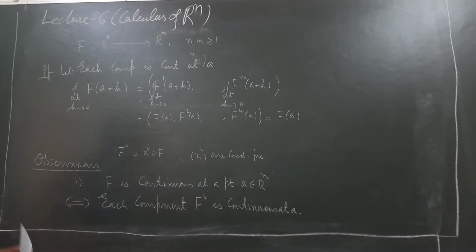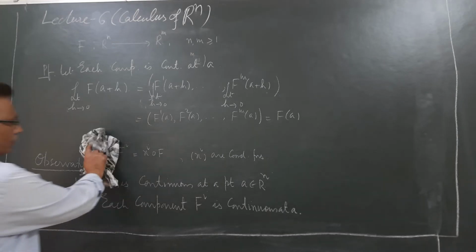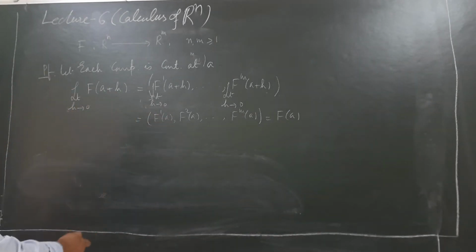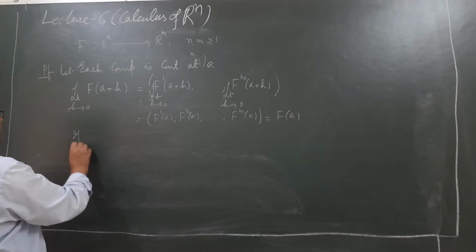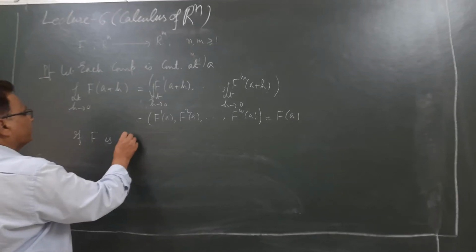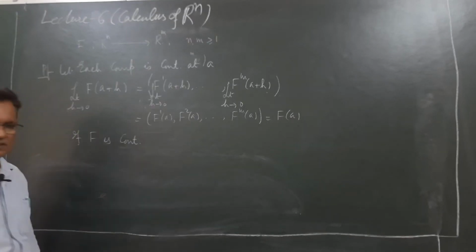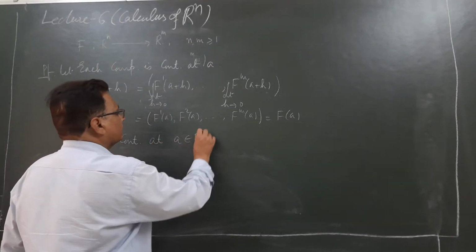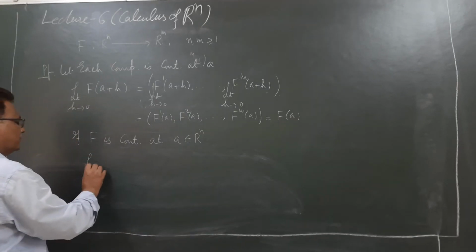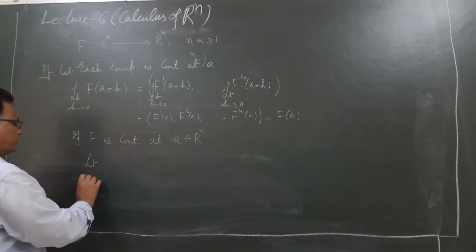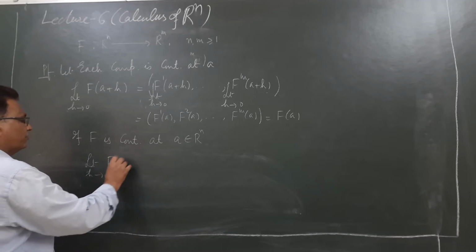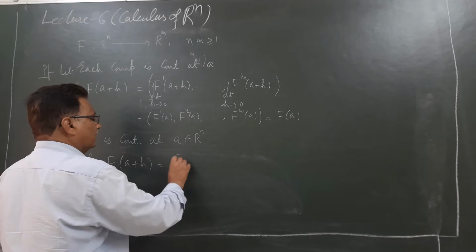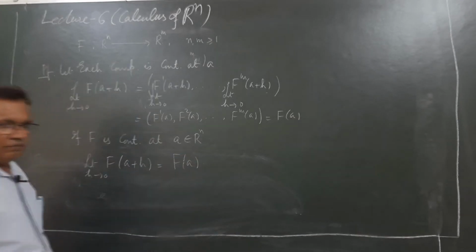For the converse part, you can move from here. So, if f is continuous at A in Rn, then what will happen? The limit as h tends to 0 of f(A+h) will be equal to f(A).